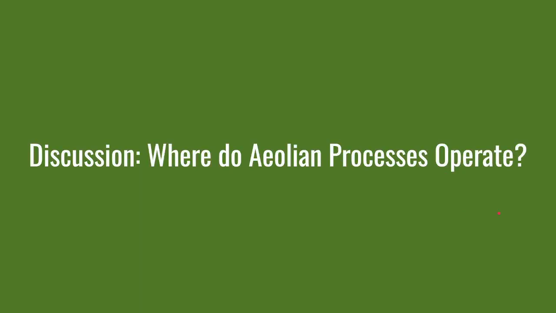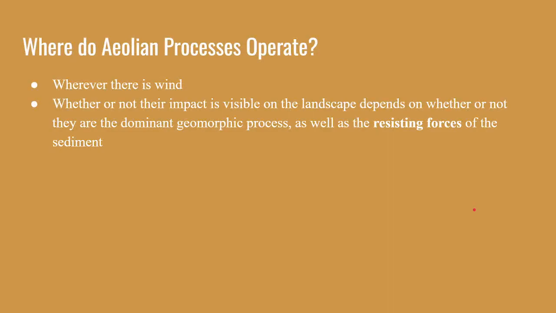So here's a discussion question for you to consider. Where on Earth do Aeolian processes operate? Do they only operate in certain deserts, or do they operate everywhere? And the answer is they operate wherever there is wind, and obviously the more wind, the stronger the Aeolian process.